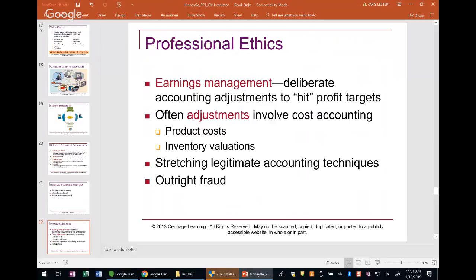Here's an interesting term. Let me throw 3 or 4 terms out there. Business law terms. Forgery, fraud, misrepresentation, embezzlement. Now, what is embezzlement?